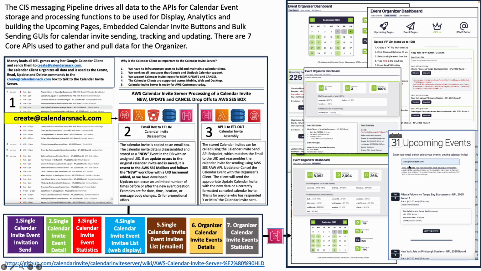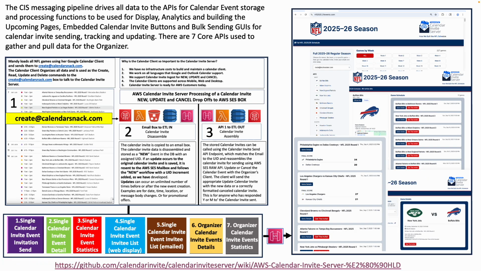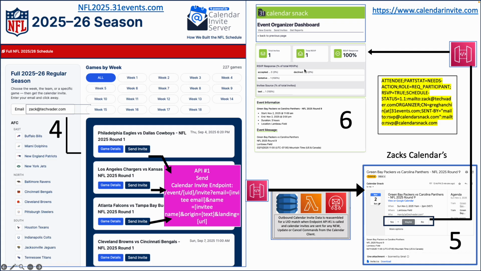So anything that's storage attached via the API, if you will, in the interfaces that we're calling, these 7 APIs to Arnie's pieces of GUI he built for us here, for the calendar invite server, are stapled together. So anytime this data is updated, the refreshes happen in the database and the API gateway is hit, and they refresh in these screens, and then downstream to any calendar invite, we reassemble automatically and then send them out.